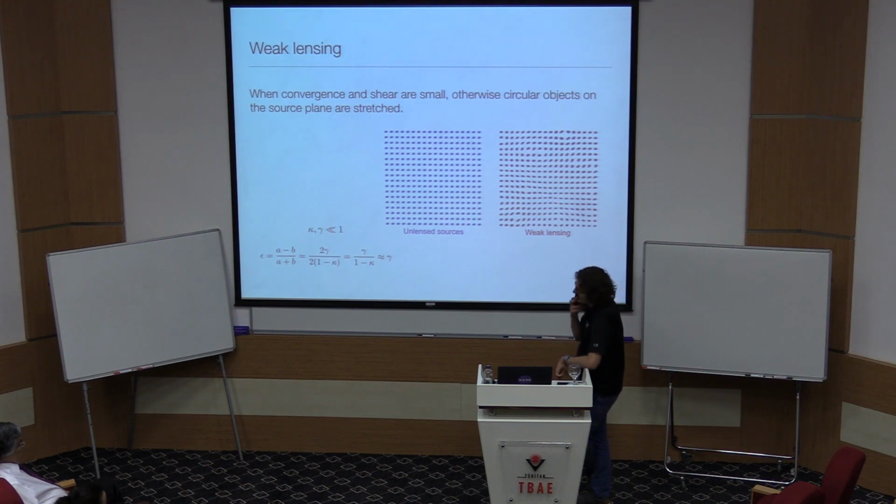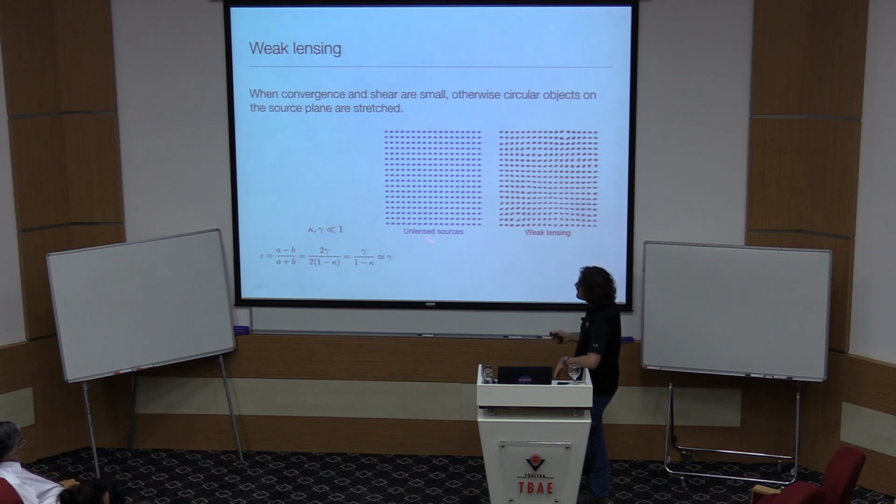Now, I've talked about strong lensing only, but there's also weak lensing. Weak lensing is the situation where your kappa and gamma are much less than unity. So in that case, you have no multiple images, but rather just a slight stretching of your nicely Gaussian background sources.